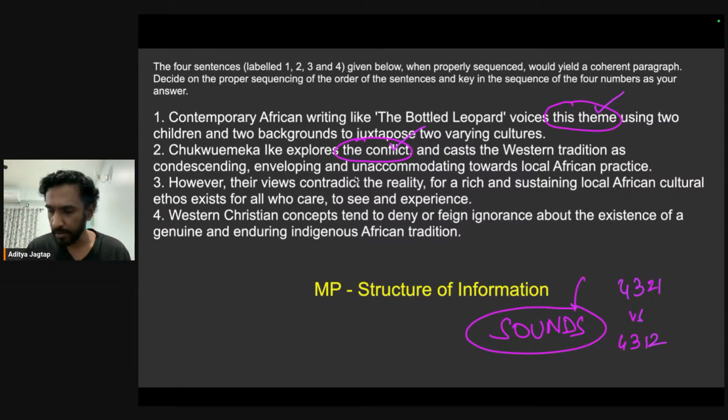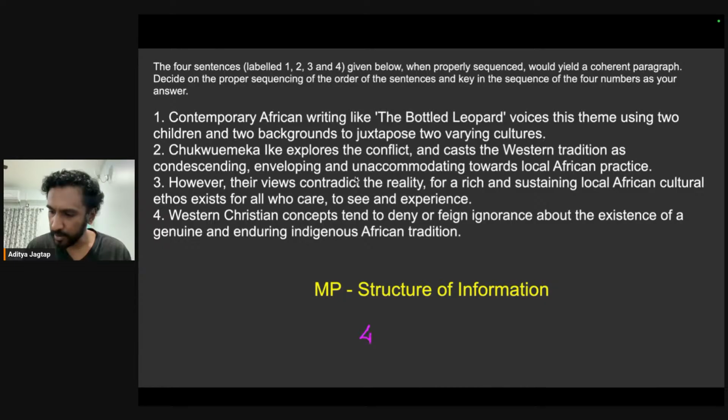We want evidence, and 4-3 tells me that now I should start talking about what could take place next, since these views contradict reality. This theme of racism and two backgrounds, two varying cultures, is the outcome of their views.